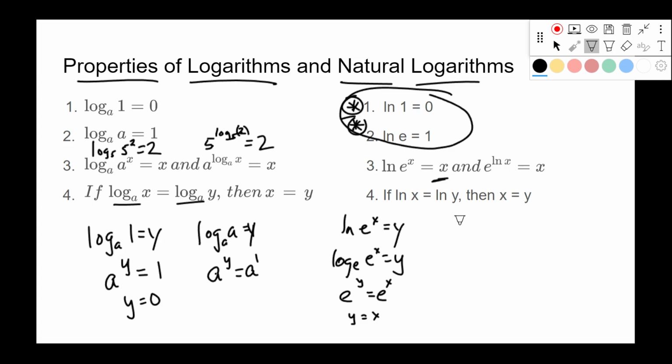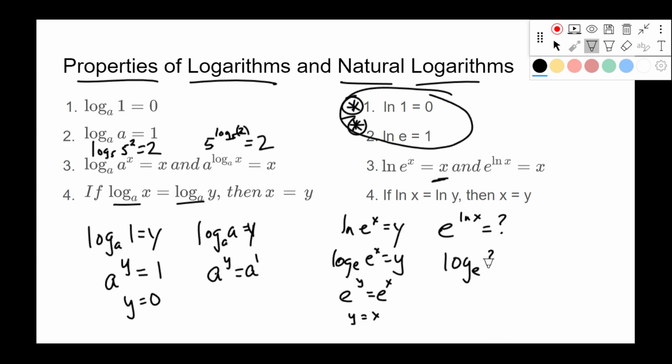And then if I had e to the ln x is equal to x, right now this is in exponential form. There's a base to an exponent power. Let's call this something else, we'll call it question mark to make it easier to follow. So this is a base to a power equal to something. I'm going to switch the form to log form. E is the base of the exponent, so that becomes the base of the log, and then these two switch positions.